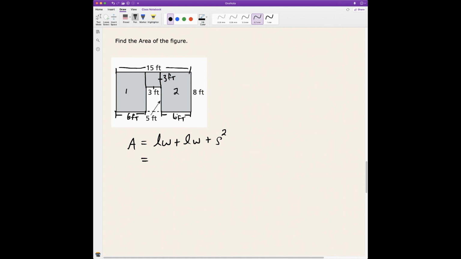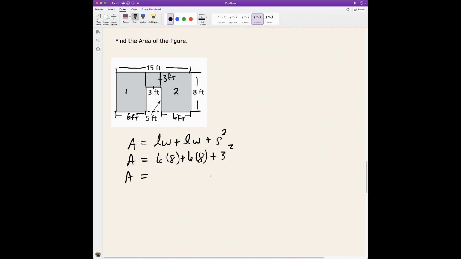And I already know what the width is. The width is 8 feet for both rectangles. So I can go ahead and just say 6 times 8 plus 6 times 8. Those are the areas of my rectangles, plus 3 to the second power.